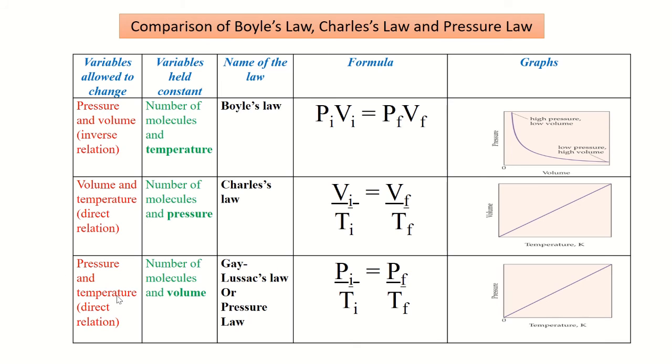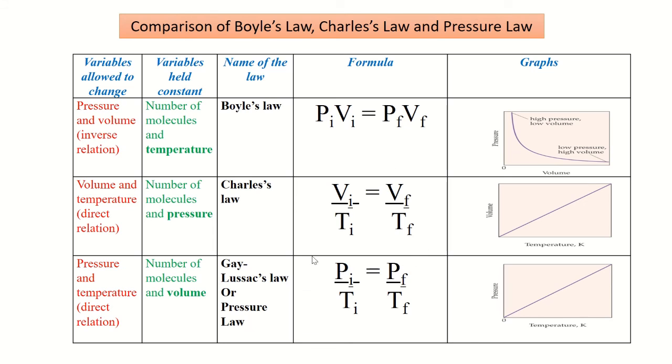So if the temperature is more, then the pressure is more. If the temperature is less, then the pressure is also less. So this is about Gay-Lussac's law, or the pressure law. Which parameter is held constant in the pressure law? This is the volume. The volume is constant in the pressure law.